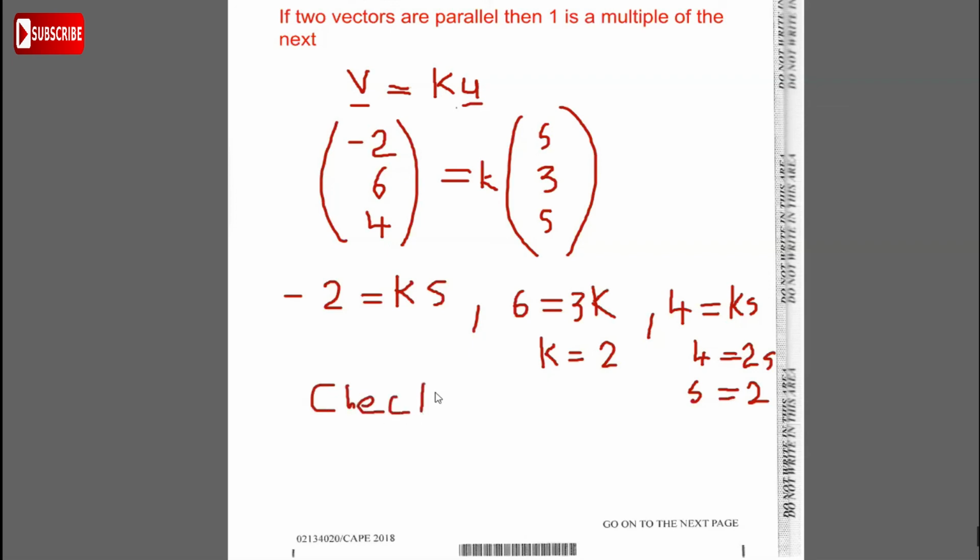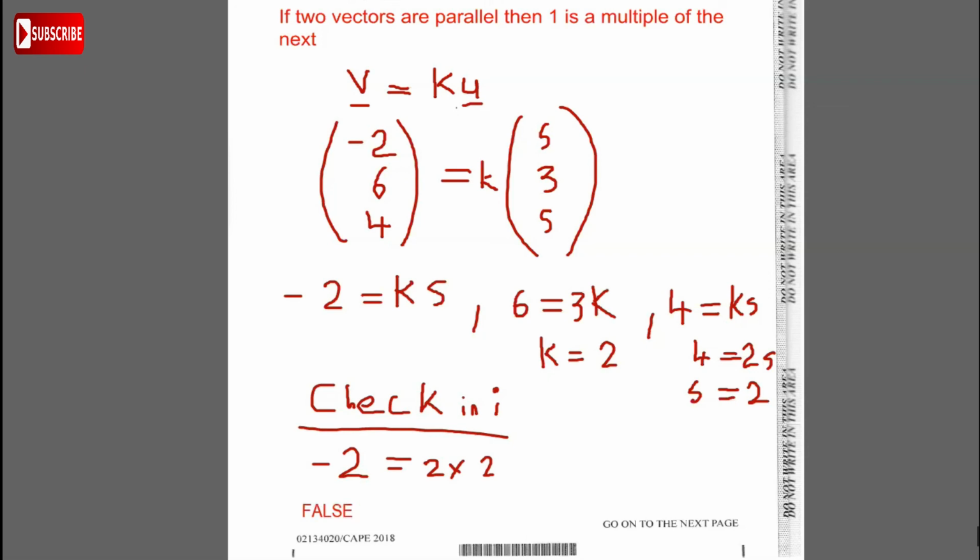If you plug in K as 2 and S as 2, you're getting -2 is equal to 2 times 2. But 2 times 2 is not -2. So this is false. This is not true.